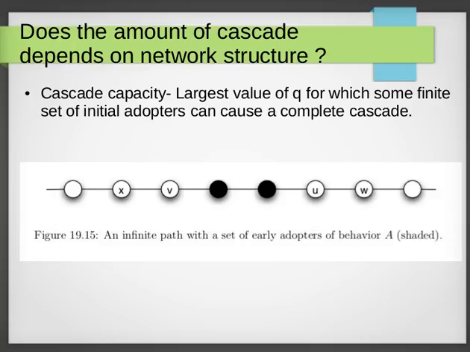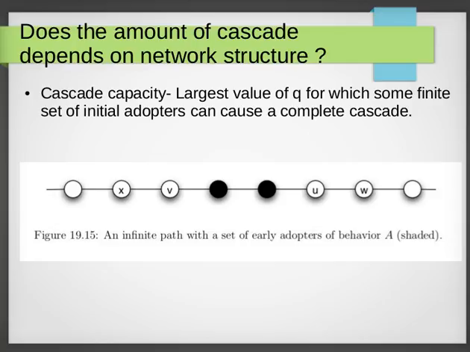As before, initially a finite set S of nodes will have adopted behavior A and the rest of the nodes will have behavior B, and as the process repeats itself, a new node adopts A if more than Q fraction of its neighbors have adopted A. Now let's see how we find cascade capacity for this particular network. As the value of the threshold decreases, it becomes easier for nodes to adopt a technology.